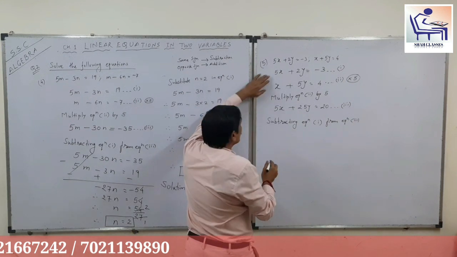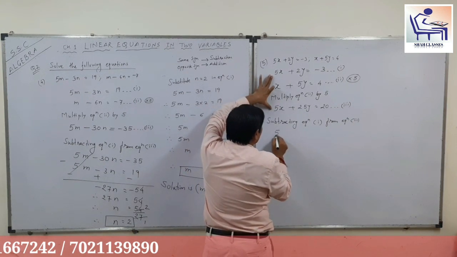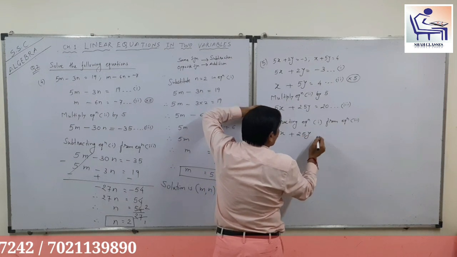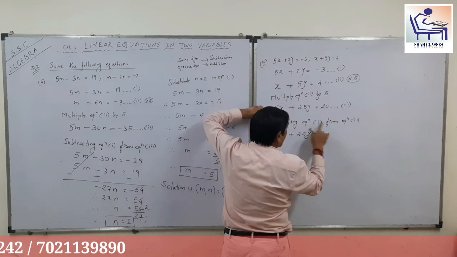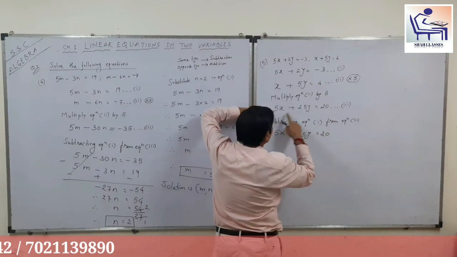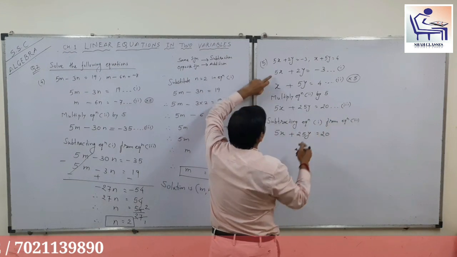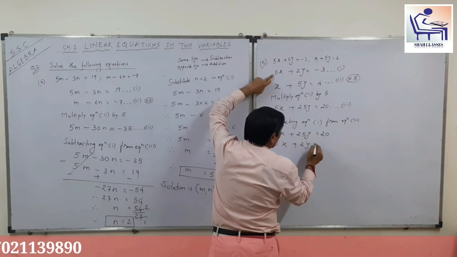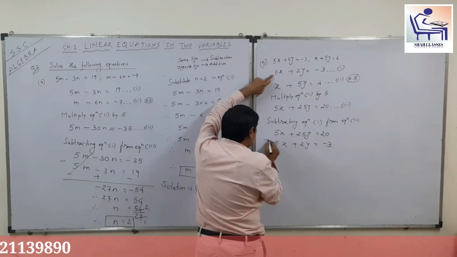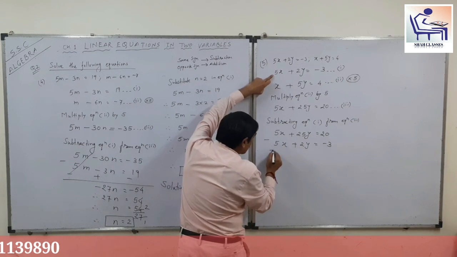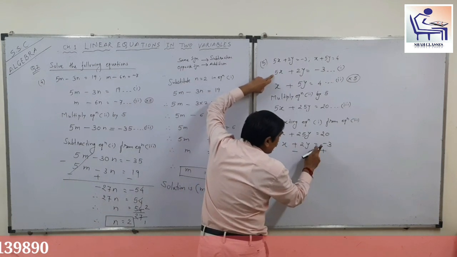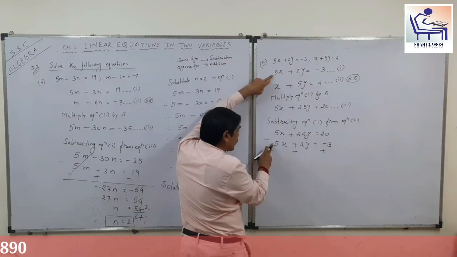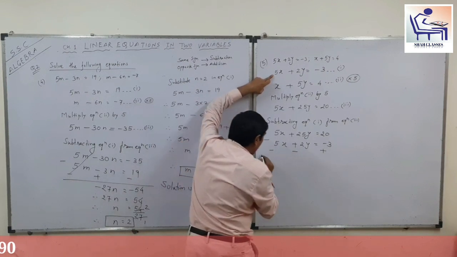First we write equation 3: 5x plus 25y is equal to 20. Then 5x plus 2y is equal to -3. For subtracting, you will change the sign. This minus becomes plus, this plus becomes minus, and here we assume always positive sign, so it becomes negative.